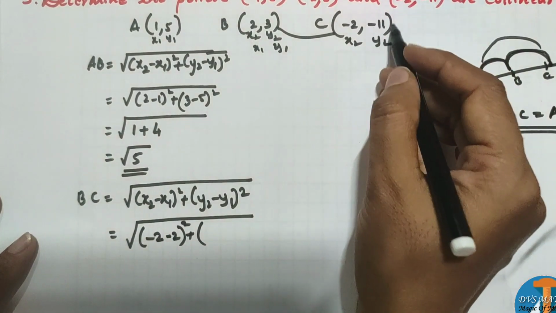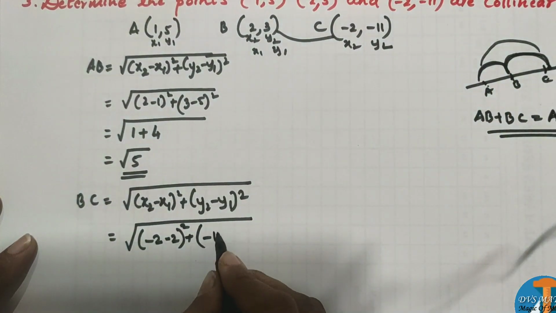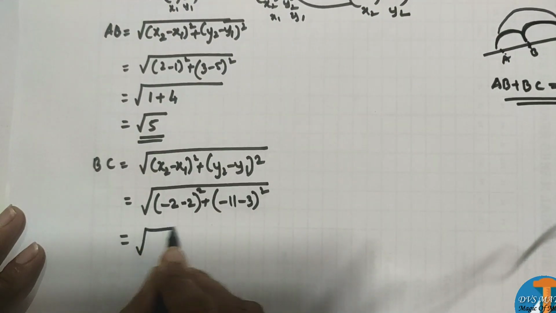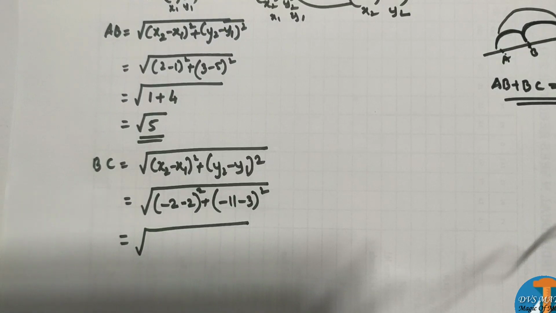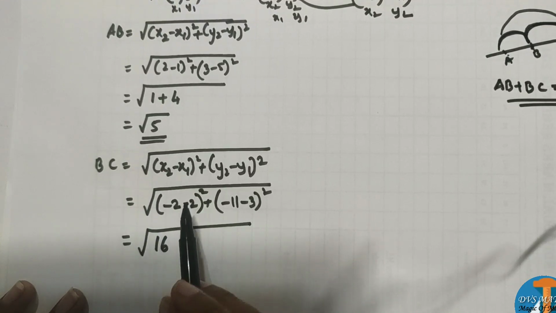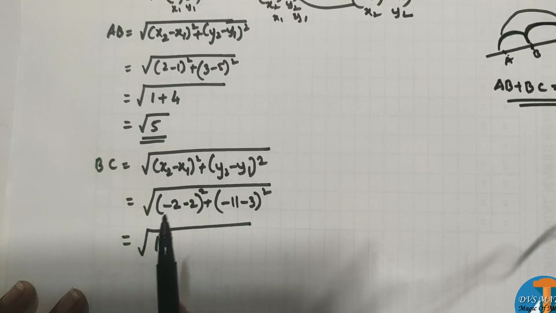Again y2 it is minus 11. Look here, minus 11. So minus 11 minus 3 whole square. So now if you simplify this, minus 2 minus 2 it is minus 4. Minus 4 whole square it is plus 16 only, because minus into minus it is plus.